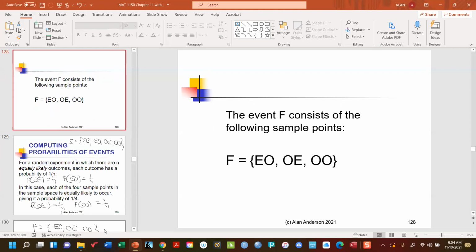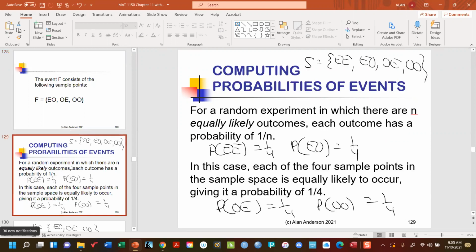Because each one of these represents 9 different rolls of the dice. Since there are 36 different rolls, for example, OO represents 1-1, 1-3, 1-5, et cetera. Each one of these has a likelihood of occurring of 1/4. I summarize that right here: each of these outcomes, because of the way the experiment was performed, has a probability of 1/4.